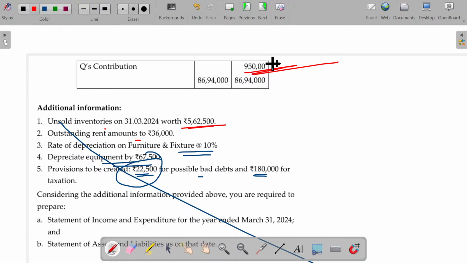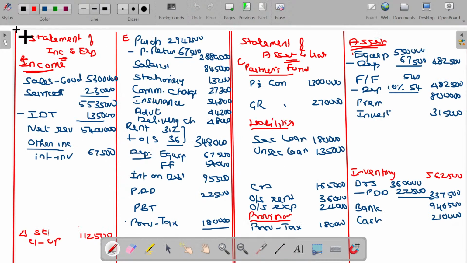Add 10 in the question. Q's contribution 9,50,000. Then 4,80,000. Okay, 4,86,000.